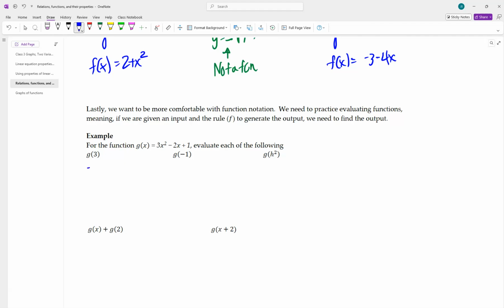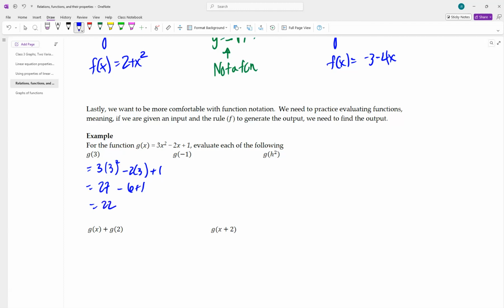And so to evaluate this, I would just take the equation, and wherever I see an x, I would replace it with that value. So minus positive 3 squared, positive 3, and then evaluate. So follow PEMDAS. Let's see, this would be 27 minus 6 plus 1. Let's see, so that's 28 minus 6 is 22.